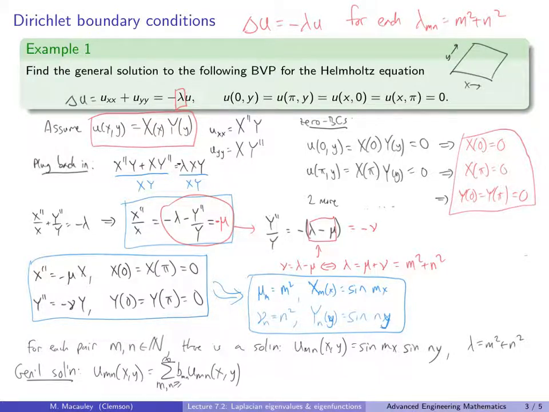So this is one way to write this sum. We're summing over two different things, all pairs m and n that are positive integers.